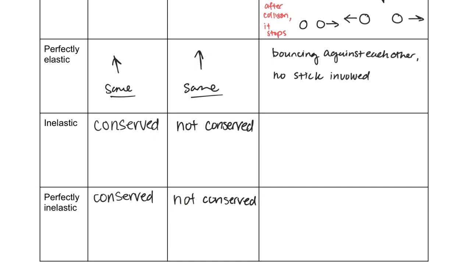So, examples of an inelastic collision: that's going to be whenever you rear end someone. Okay? So, whenever you rear end someone, I hope you never rear end someone. So this is going to be rear ending someone.